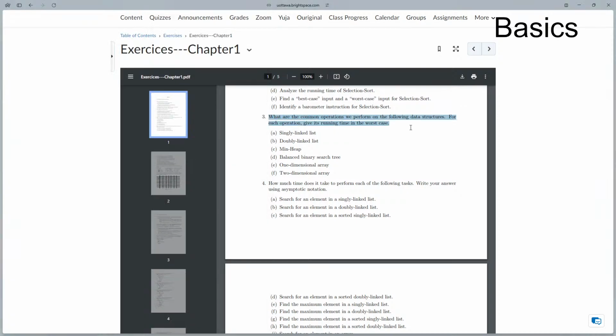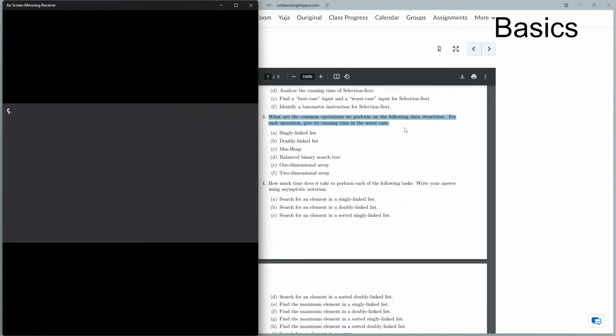Okay, number 3. What are the common operations we perform on the following data structures? I think this is next, and then B is next, and then before was previous, and then min heap, push pop, the BST, bounds BST.